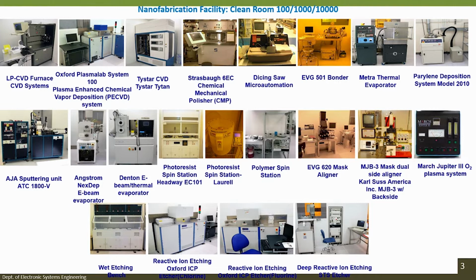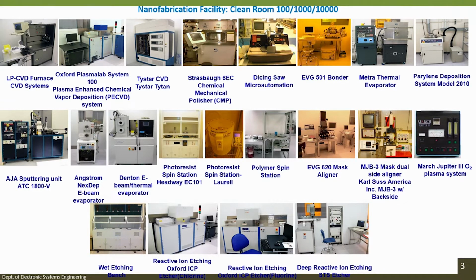There would be oxygen plasma systems. There would be chemical benches for wet etching and dry etching. Then there would be a parylene deposition system. You will find a photoresist spin coater, and you will find a mask aligner or photolithography system. It can be front-side lithography, or it can be front-to-back alignment lithography.